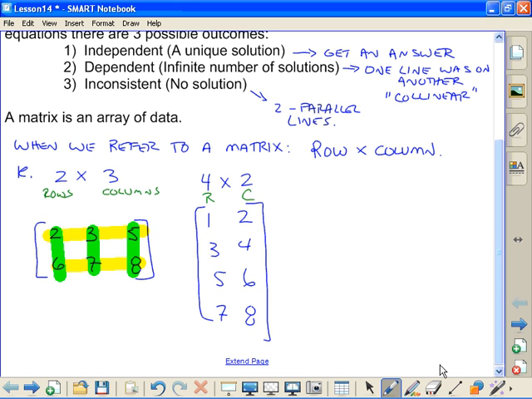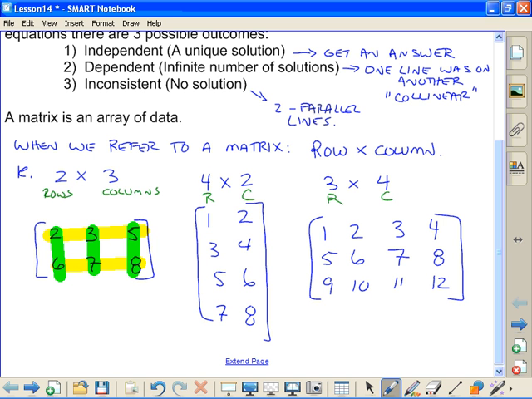And what we're going to be working with quite often is 3 by 4s. That's the main direction we're heading in. So 1, 2, 3, 4, 6, 7, 8, 9, 10, 11, 12. All right, so there's our rows by columns.